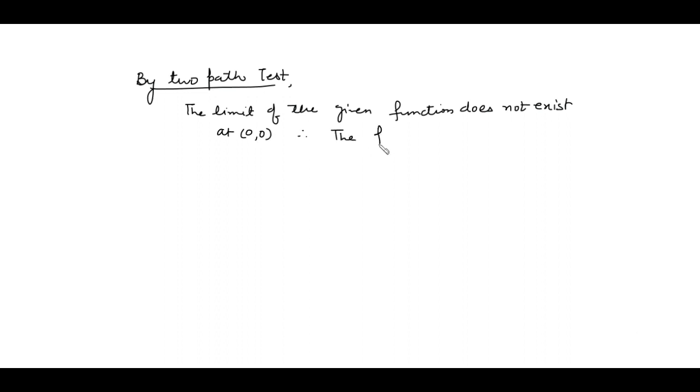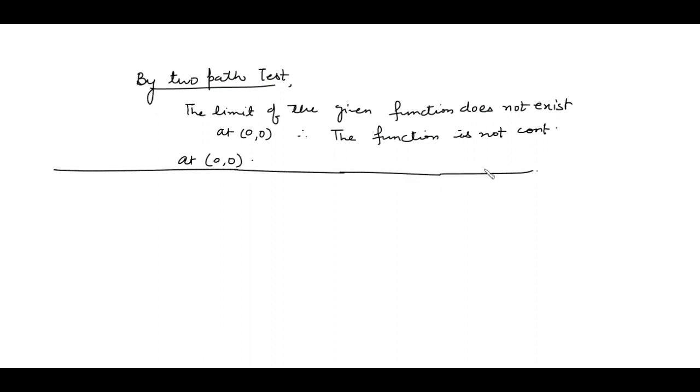Therefore, the function is not continuous at 0 comma 0. Now, what is this two-path test for non-existence of limit?